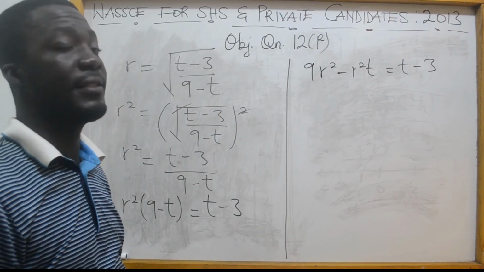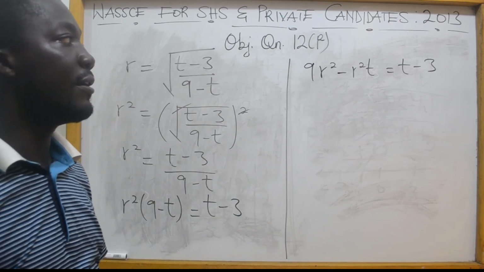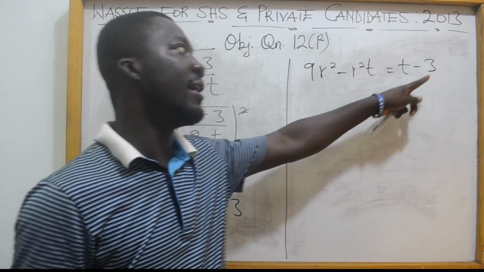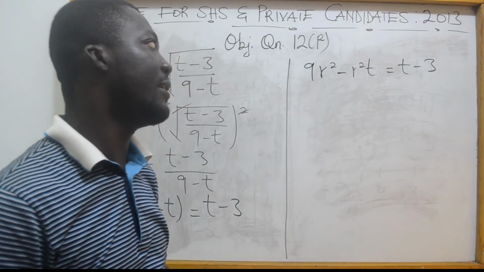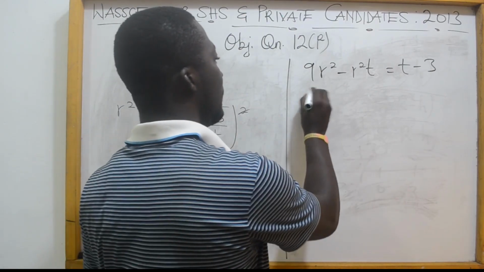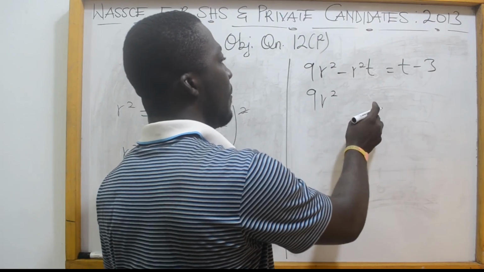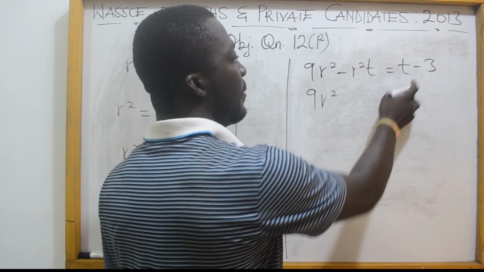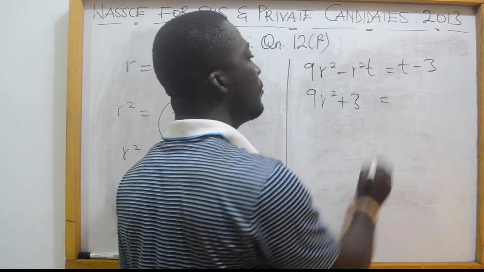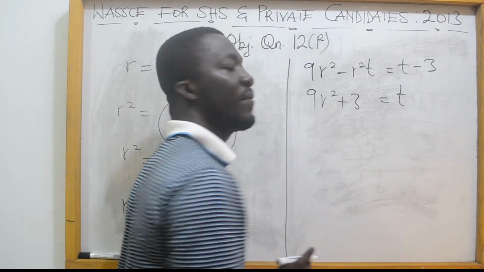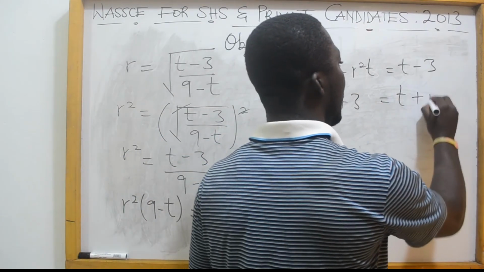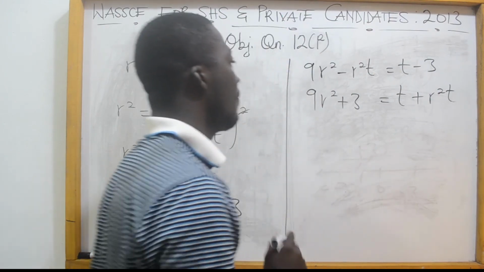We are making T the subject. So we can transpose R squared T to the right hand side and negative 3 to the left hand side. Of course, when they come, the signs will change. So 9R squared, then the negative 3 coming to the left hand side will be positive 3, is equal to T. Then negative R squared T will change to plus R squared T.